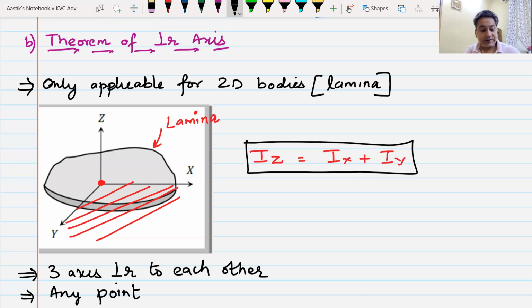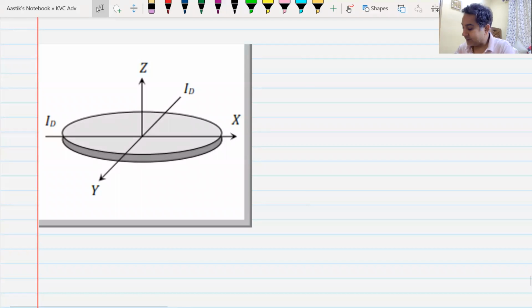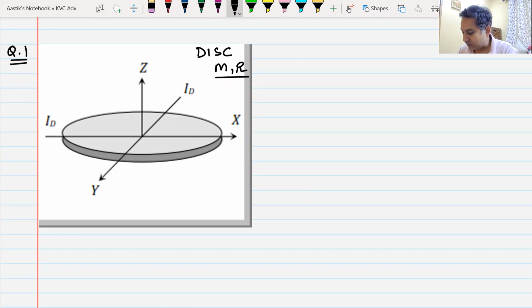Now, using this perpendicular axis theorem, we can find the moment of inertia in some cases. For example, this one. This is a disk of mass m and radius r.